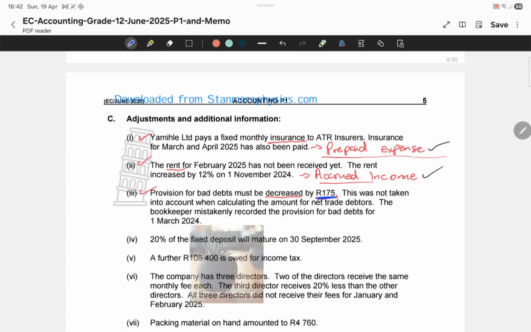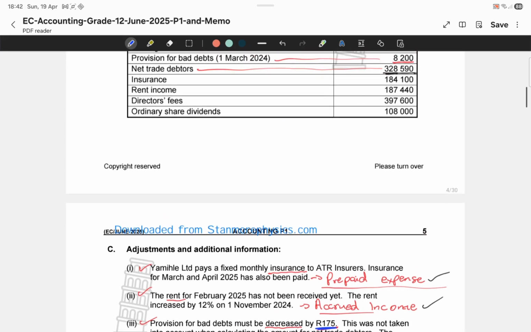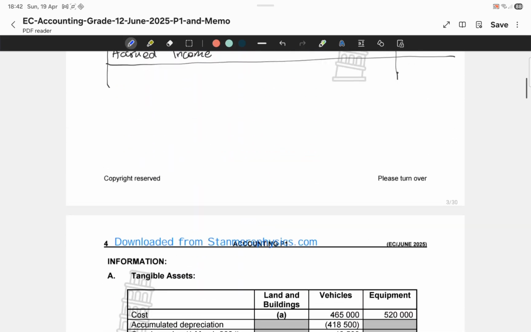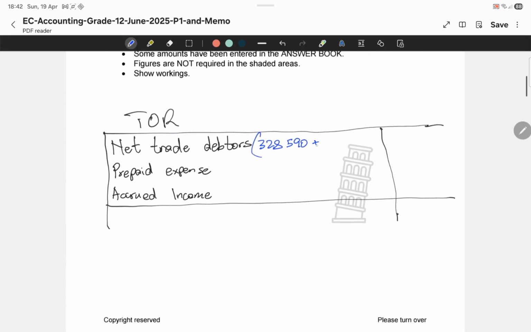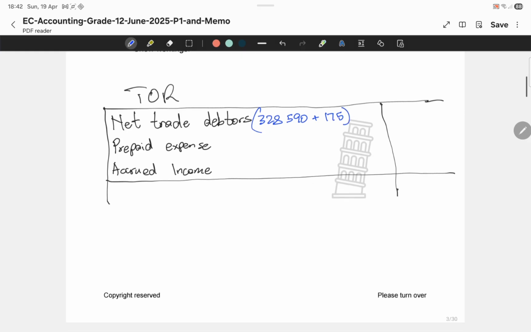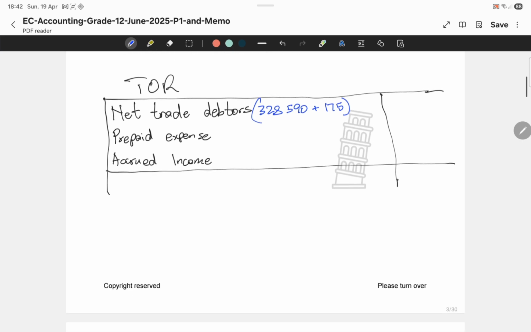Why? Because the bookkeeper decreased more than he should have decreased. He decreased the opening amount, which is more than the closing amount. So we must add back, because there's no point of decreasing it anymore, as they've decreased more than they should have decreased. So we're going to say plus 175 rands, close bracket. Okay, now let's continue. I'll calculate the total at the end.